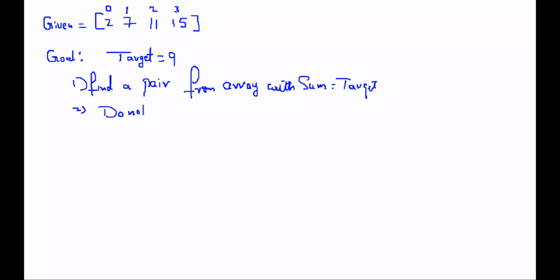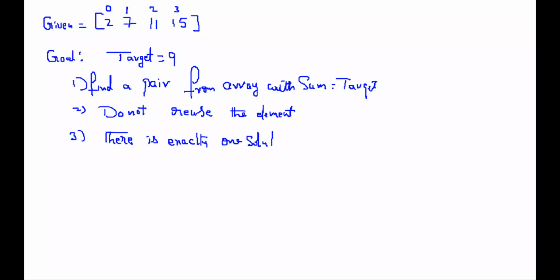Do not reuse the element. You are not supposed to use the same element. Next one is, as per the problem, there is exactly one solution. That is another one.